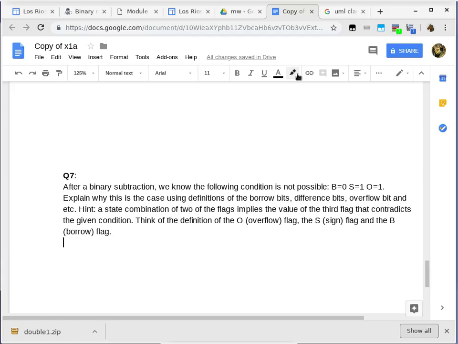Let's say you only got 5 minutes left at this point. What are you going to do? Based on the hint, based on what I say, think of the definition. What are you going to write down in 5 minutes? You know you're not going to have enough time to finish the entire question, but you have 5 minutes. Write down the definitions.